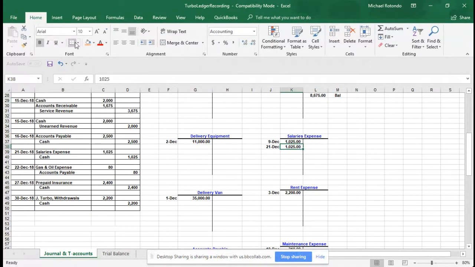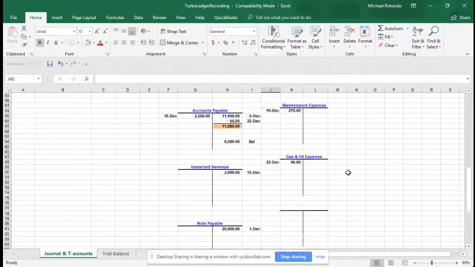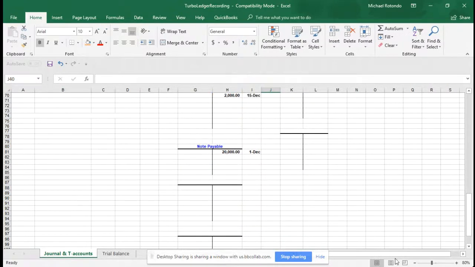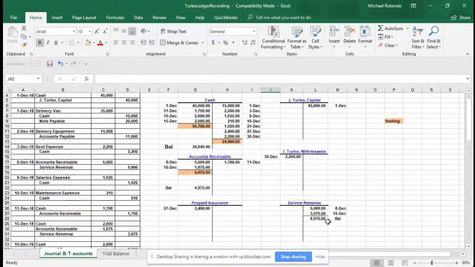So we just need to add up the debit side to get the balance because there's nothing over here. So we have our balance of $20.50. We have rent expense, maintenance expense, and gas and oil expense that are only one item. These empty accounts aren't going to hurt anything by being there.